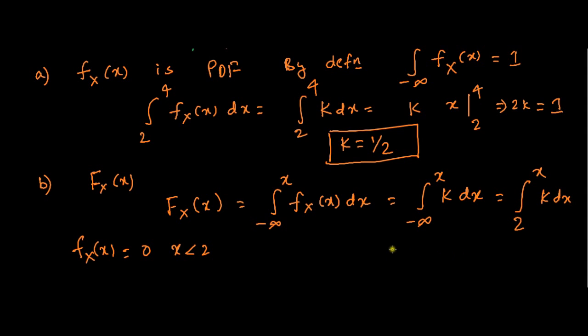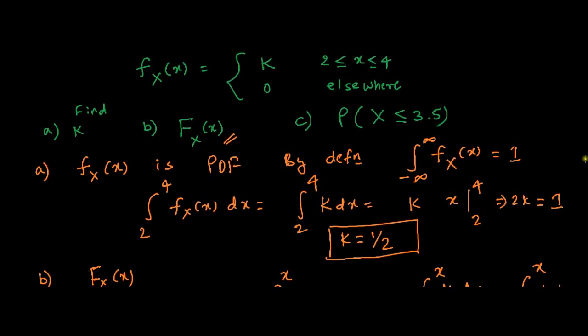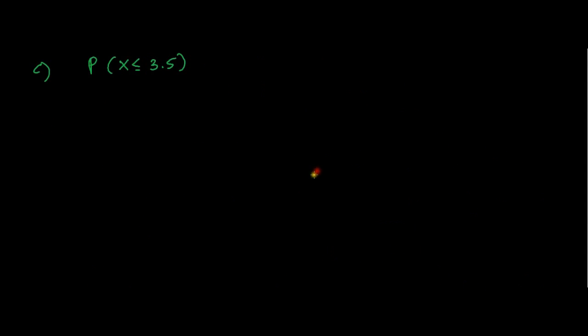So this will be equal to 1 by 2 into x minus 2. This is the value of the cumulative distribution function. And the next part is the probability of X less than or equal to 3.5. So let's find this out.